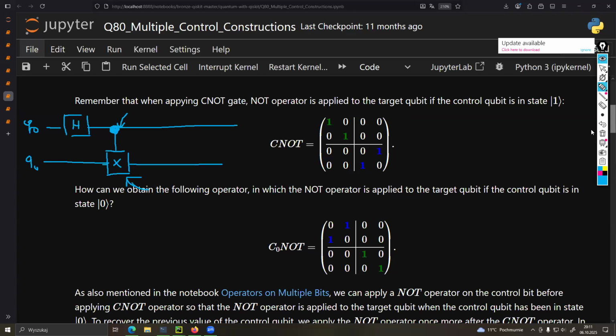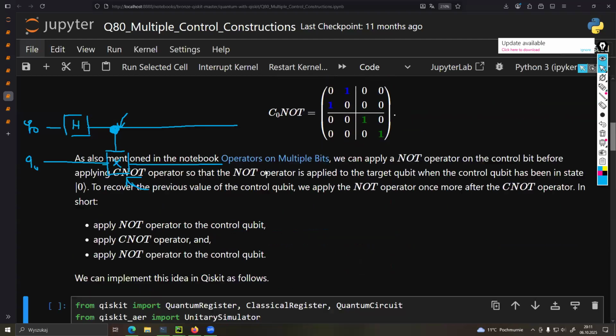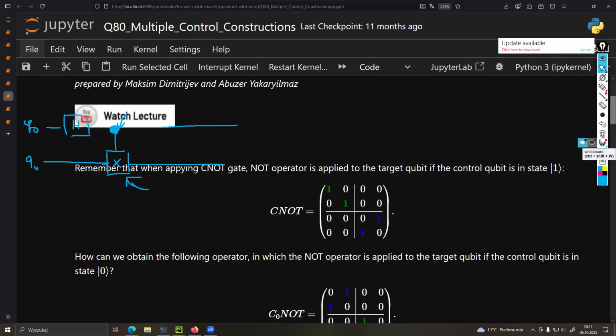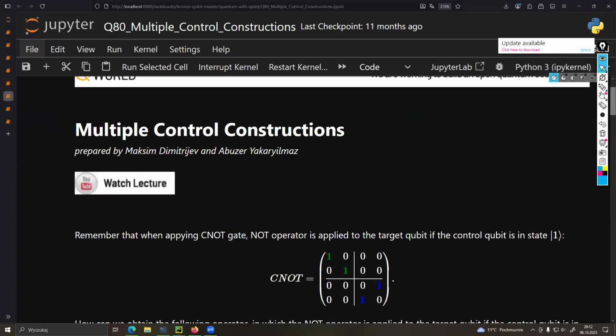There are more constructions like this. For example, what we could do is, let me move this slightly. I think I cannot really move that. So let me redraw this slightly towards the right side. So we can, for example, do this.